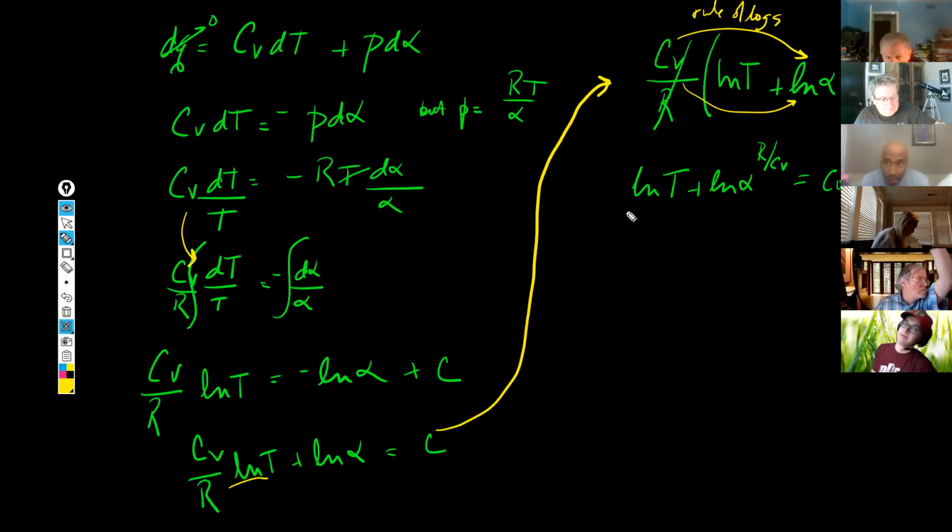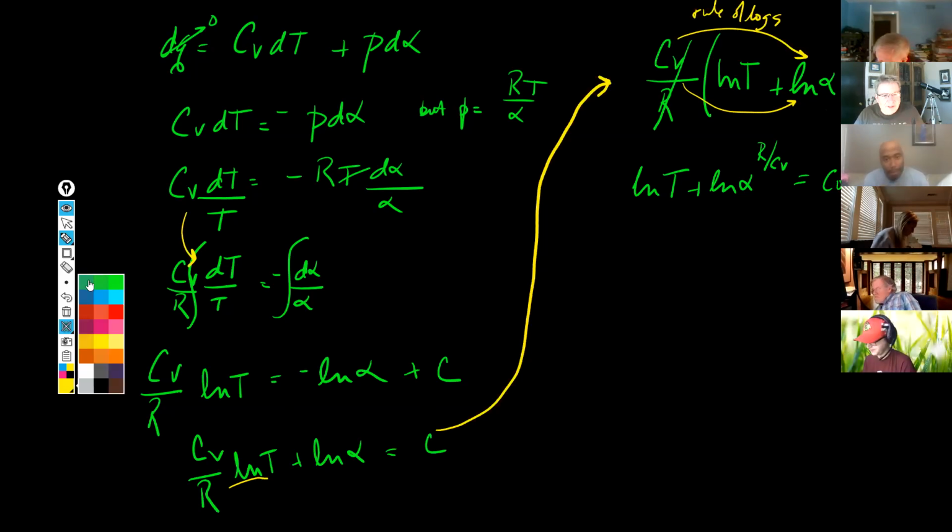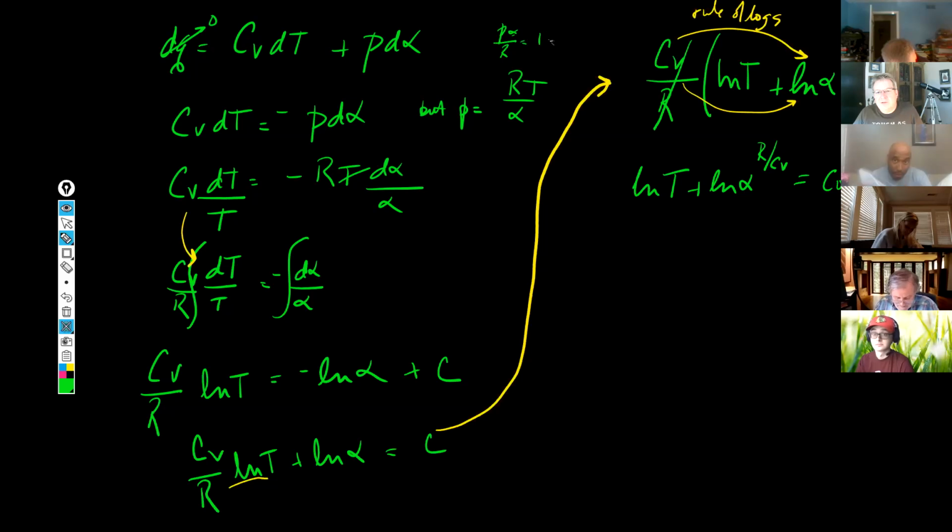Okay, makes sense now. Now, I don't like T. I'm a coffee drinker. So I'm going to say P alpha over R equals T. I'm using the ideal gas law here. So that's the natural log of P alpha over R plus the natural log of alpha to the R over CV is equal to some constant.